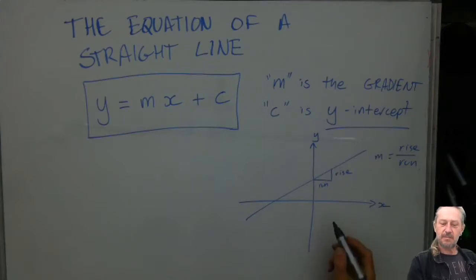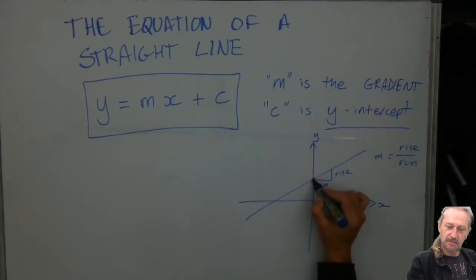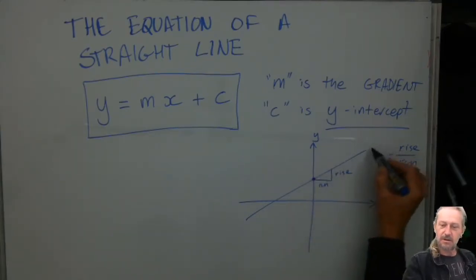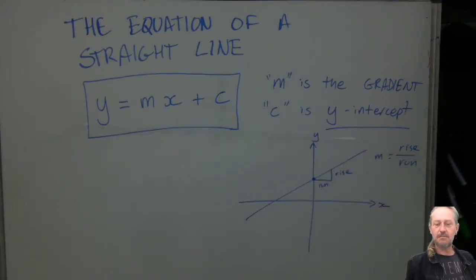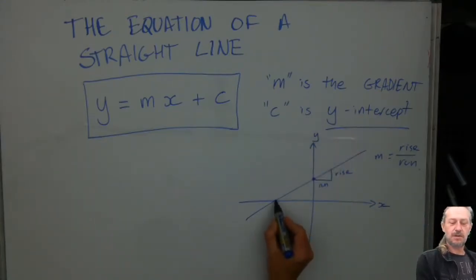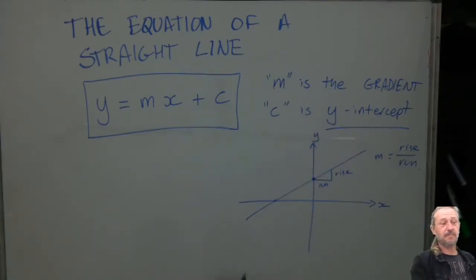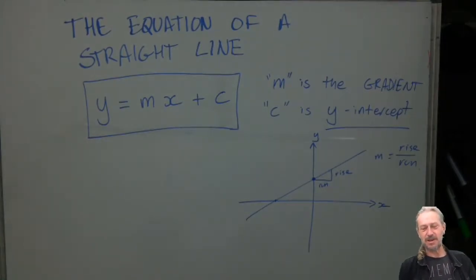But the y-intercept is essentially the value where the line cuts through the y-axis. This one here is the x-intercept, but we'd have to rearrange the equation a little bit to work that out.